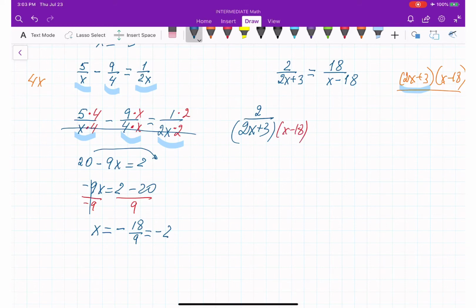Yes? Okay, equal 18 over, multiply here also, I almost forgot. So 18 over x minus 18. So we have x minus 18, so now we need to multiply by 2x plus 3.